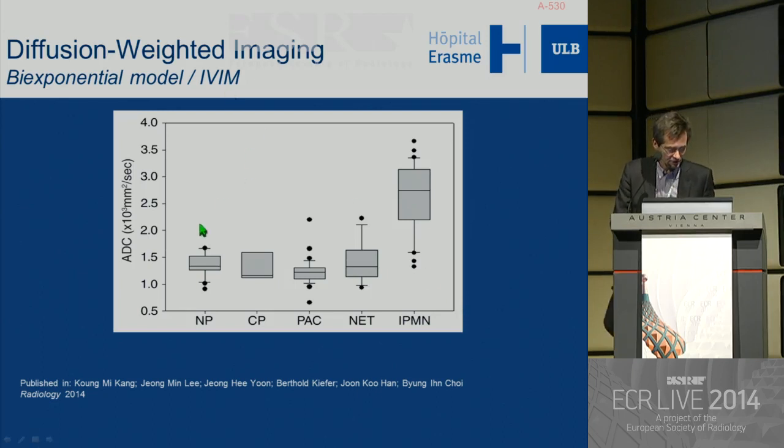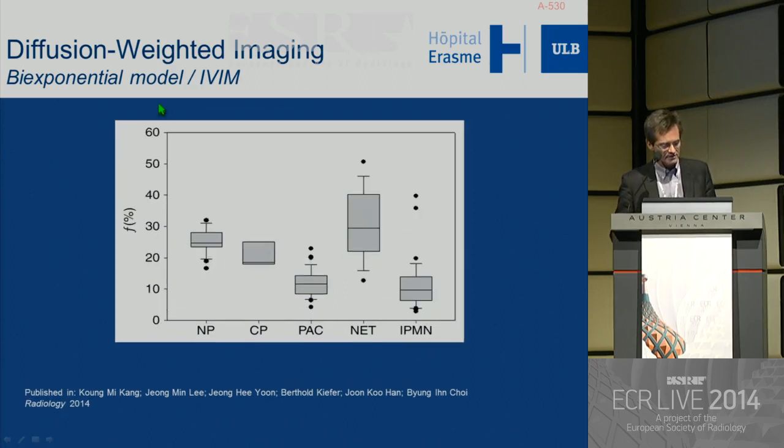Recently, in radiology, this Korean team published the first robust data using a biexponential model for diffusion-weighted imaging. And you see again that the ADC measurement alone does not allow us to discriminate pancreatic cancer and chronic pancreatitis, and even neuroendocrine tumors and the normal population.